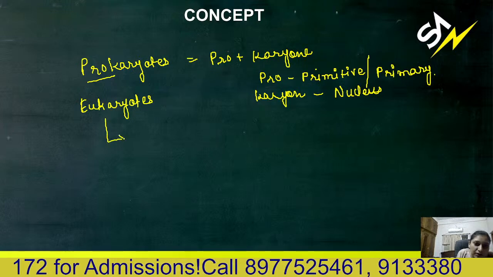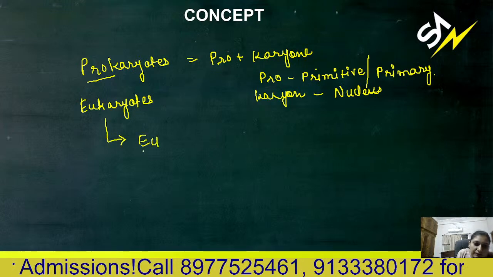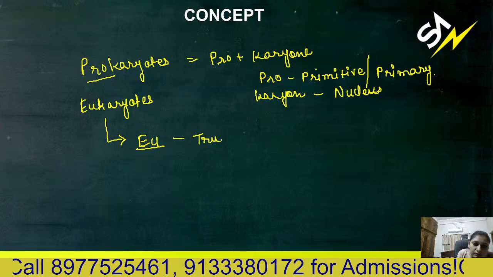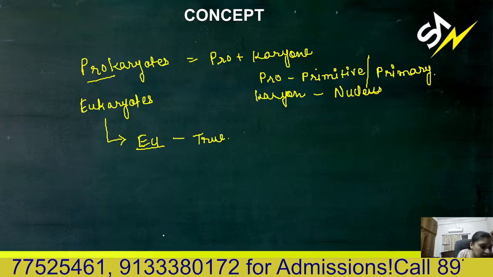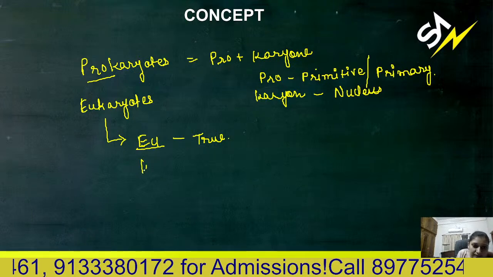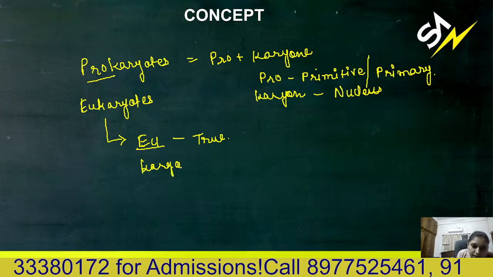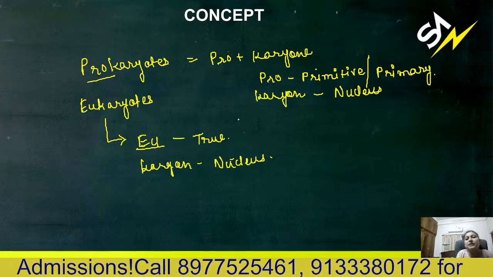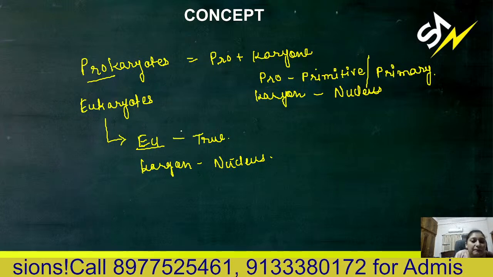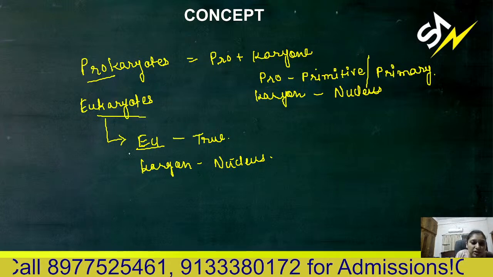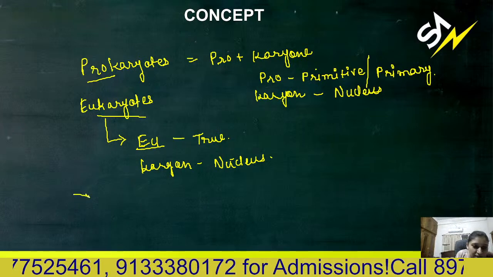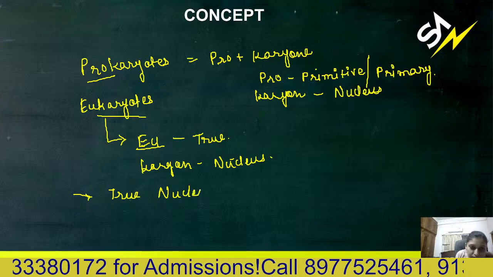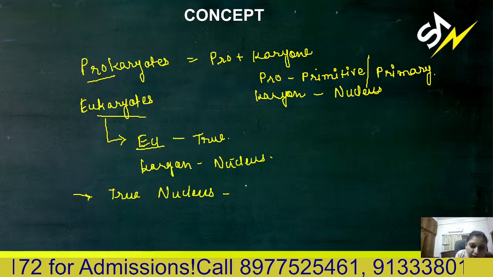And in eukaryotes, wherever you find the prefix eu, that means true. Caryon means nucleus again. That means an organism which has a true nucleus is known as eukaryote.